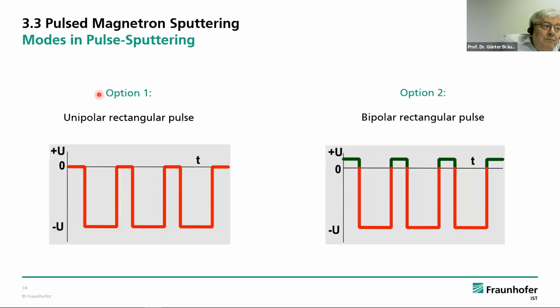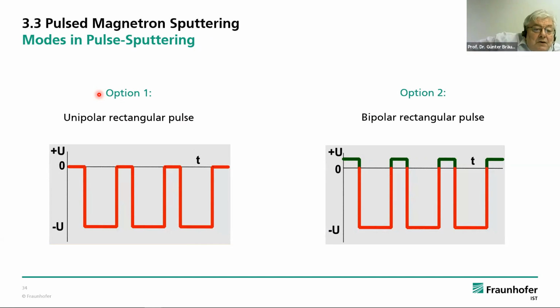At that time, the power supplies were only laid out for DC. No one had MF power supplies for such a high power as we needed for the 3.75 m cathodes. You need up to 200 kilowatts of pulse power.